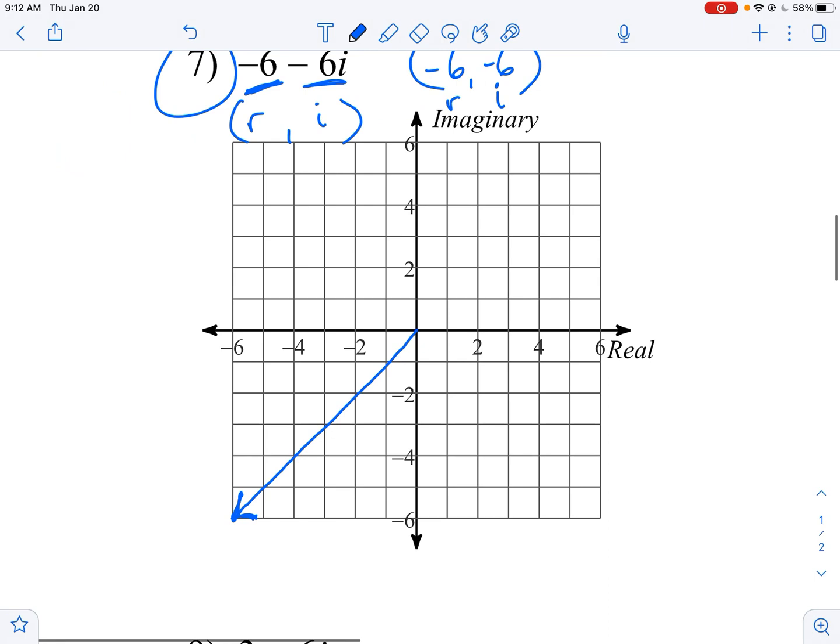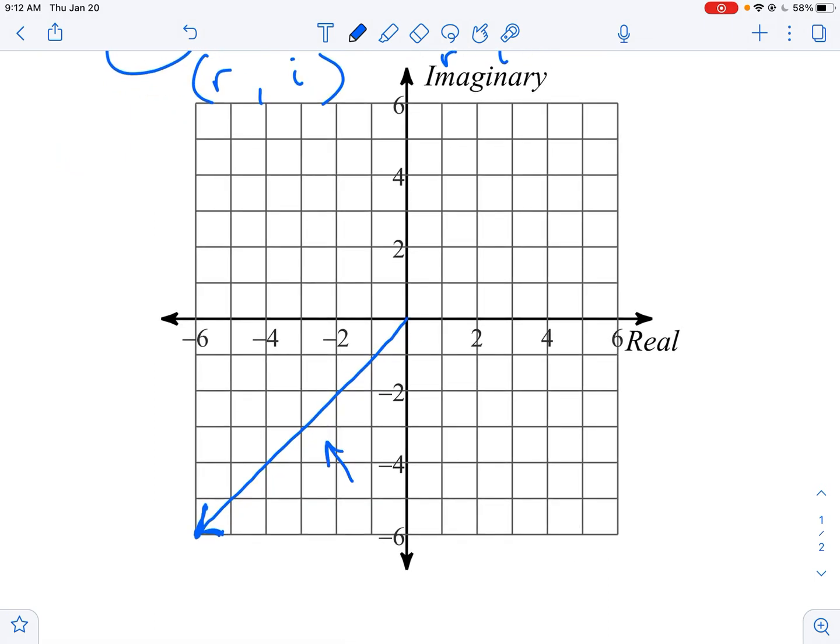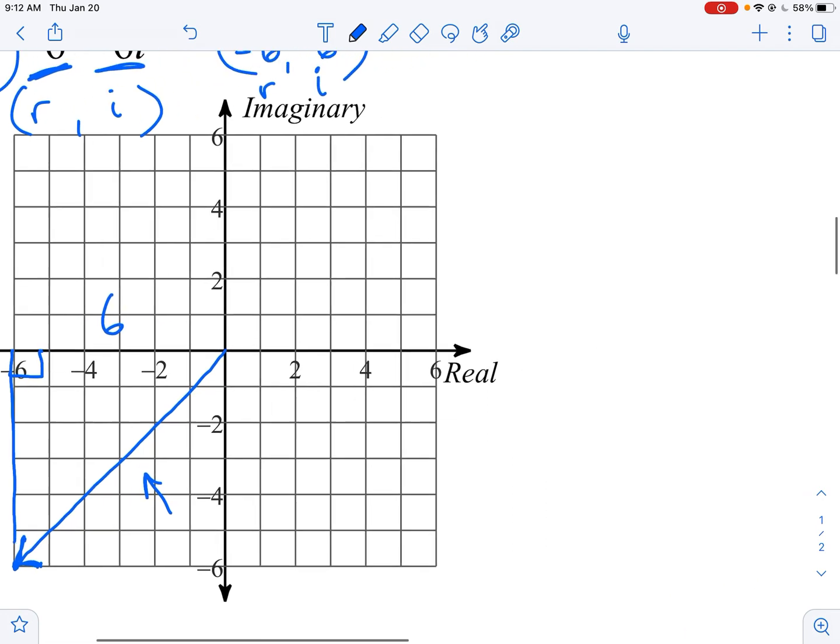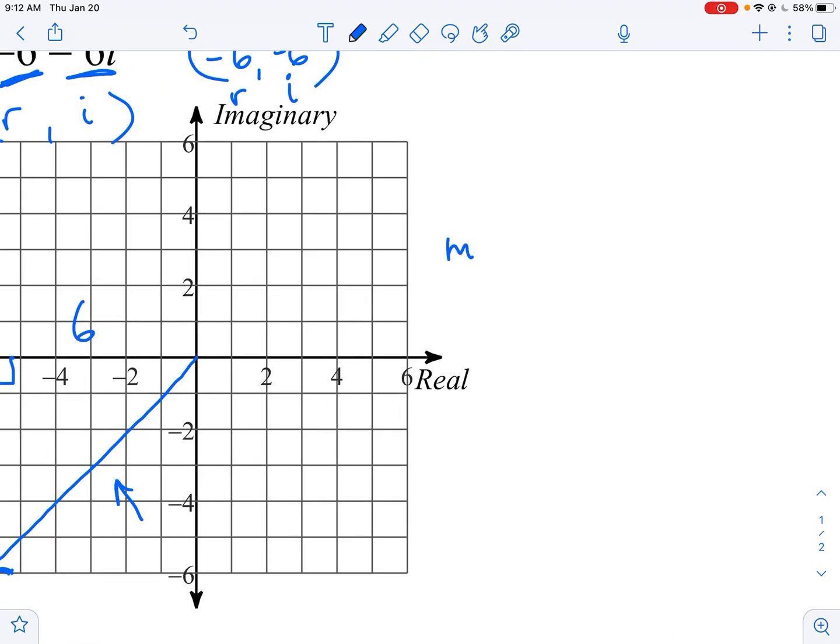To get the modulus, you just need to find how long this is, which is pretty much just the hypotenuse of a lovely right triangle that's got sides of 6 and 6. We need to find our modulus. And so the modulus is going to be the square root of 6 squared plus 6 squared, which is the square root of 72, because 6 squared is 36, 36 plus 36 is 72, and you can simplify that radical, because remember it's 36 times 2, and 36 is 6 times 6.